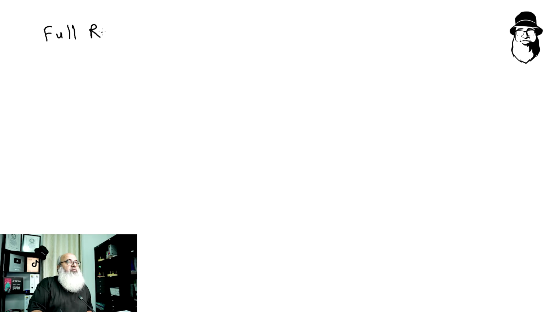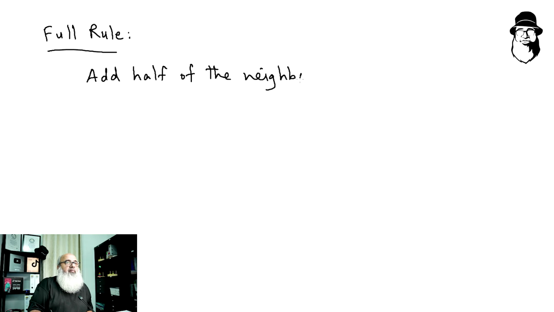Full rule of multiplying by 6 is add half of the neighbor, right, plus 5 if the number is odd.